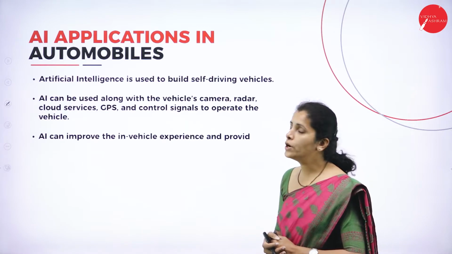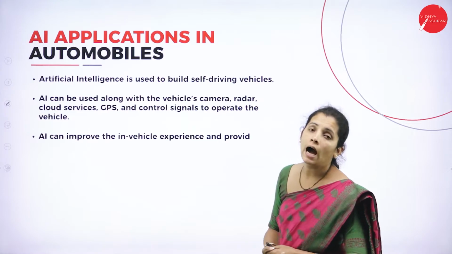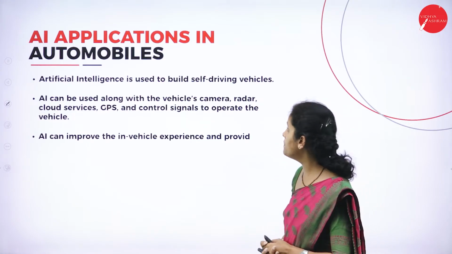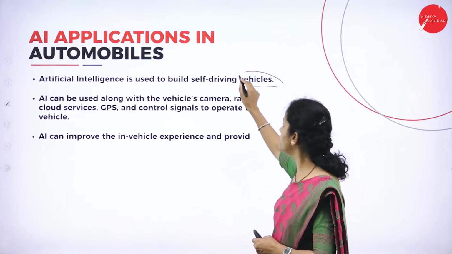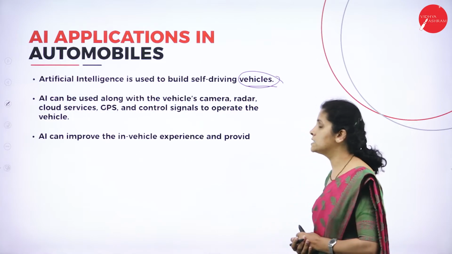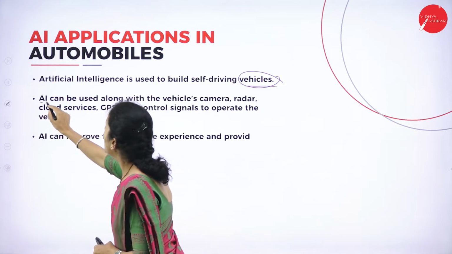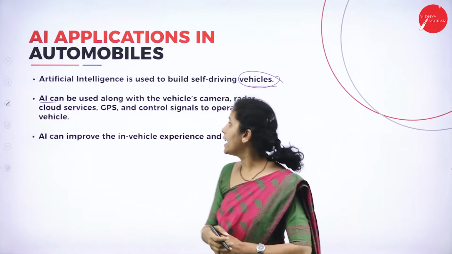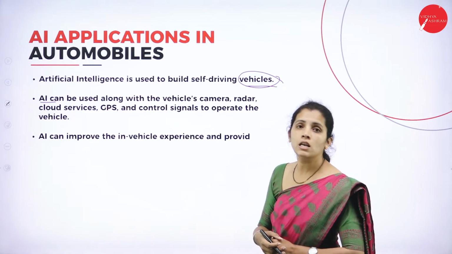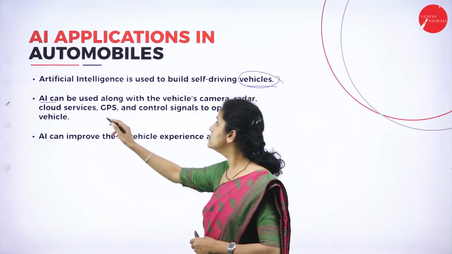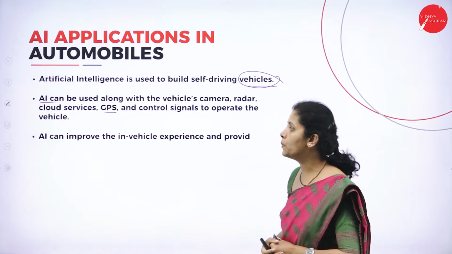Moving further, I'm going to cover automobiles. By using AI, that is artificial intelligence, we can build self-driving vehicles, that is, self-driving cars. The best example I can consider here is Tesla. AI can also be used along with the vehicle's camera, radar, cloud service as well as GPS and control signals to operate the vehicles.